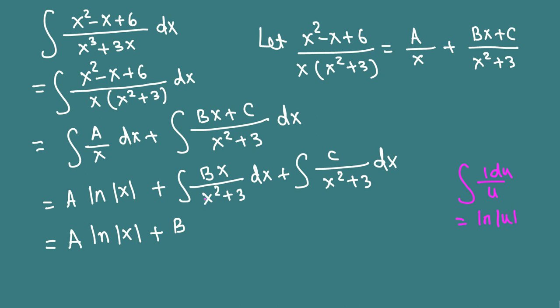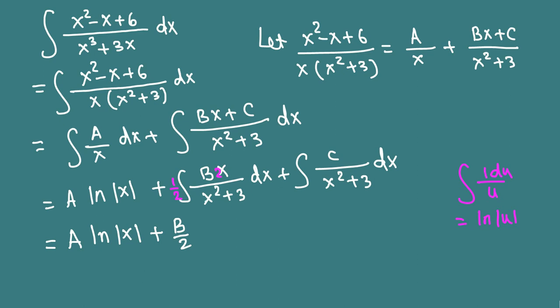We don't have 2, but 2 is a constant, so we can always multiply and divide by 2. The derivative of x squared plus 3 is 2x, so multiply by 2, divide by 2. Then b outside, b over 2, so we have 2x over x squared plus 3.